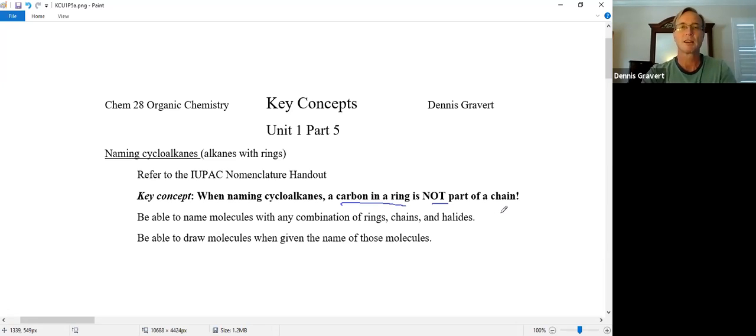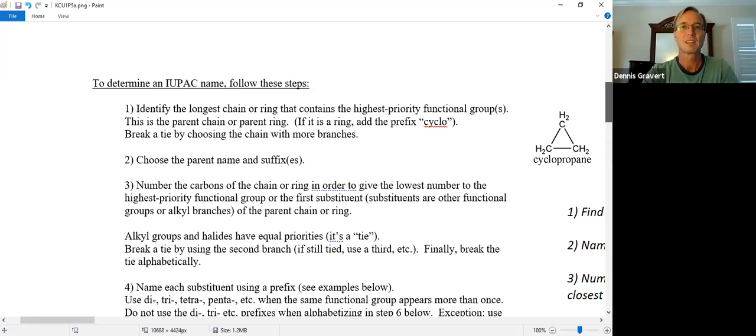Some people say you can't double count the carbon. That makes sense. Our task today, and on the next exam, is to be able to name molecules given any combination of rings, chains, or halides. That's going to be on exam 1. And then if I give you a name, I want you to be able to draw them. Okay, here are the naming rules.